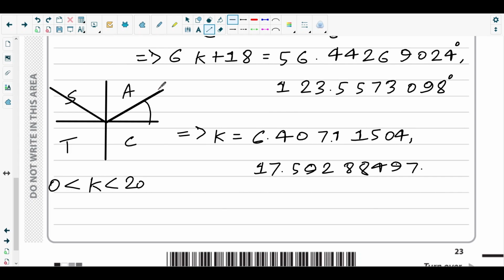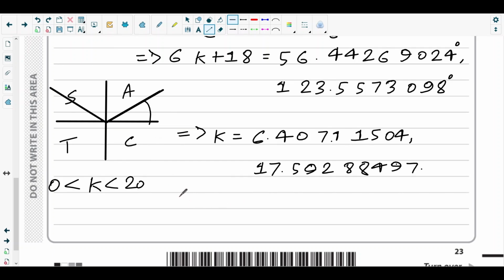So 360 plus 56.44 something minus 18, over 6, gives 66.406, which is greater than 20. So the further values of theta will give values for k greater than 20, and we will not consider any further values of theta.